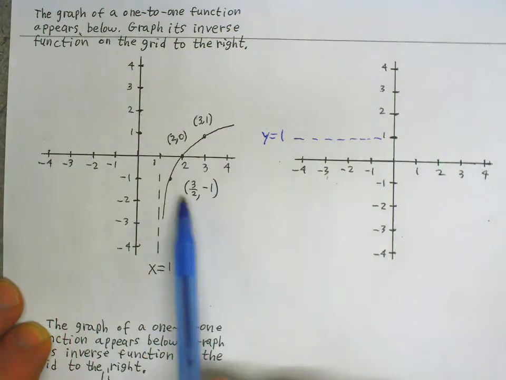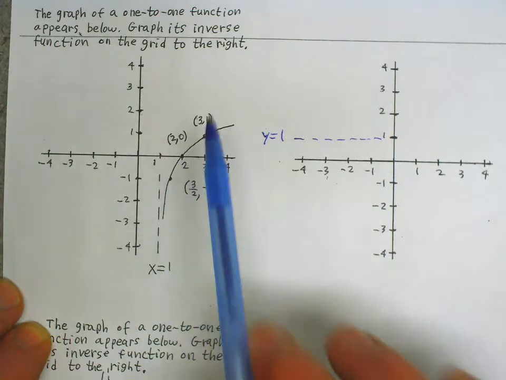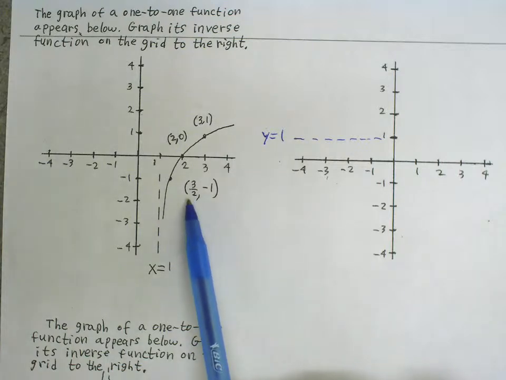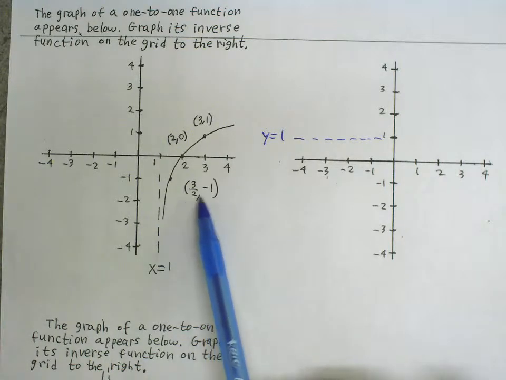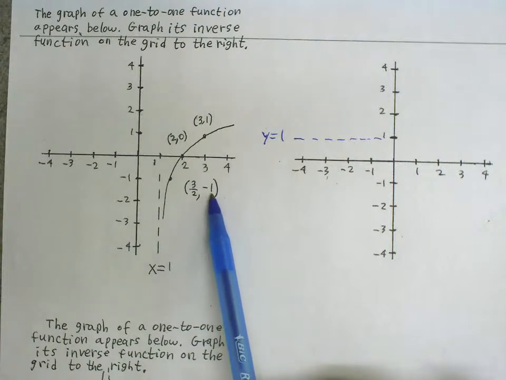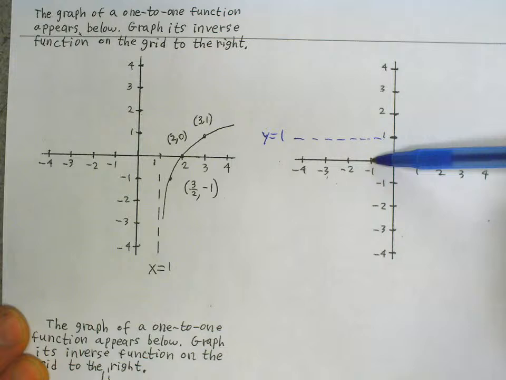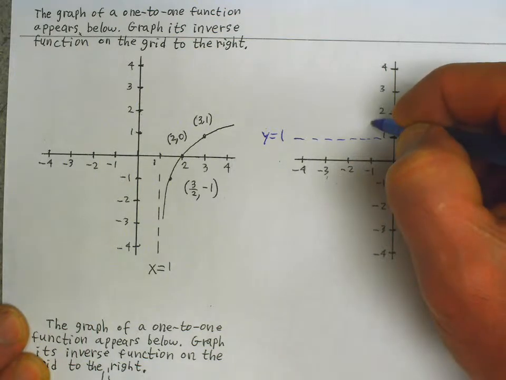And we have 3 ordered pairs on the graph of the function. So we can plot the points on the inverse by interchanging those. So this point on the graph of the one-to-one function, 3/2 for x, -1 for y. Interchanging x and y, so -1 for x and 3/2 for y, we get this point.